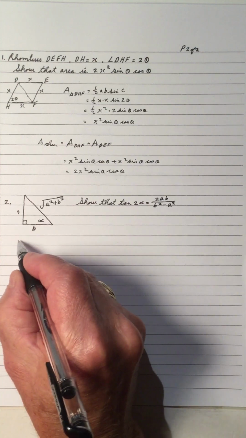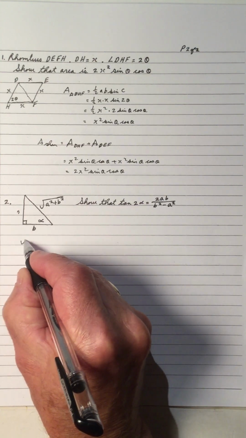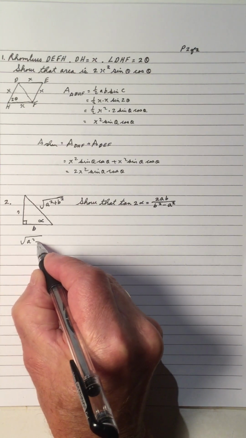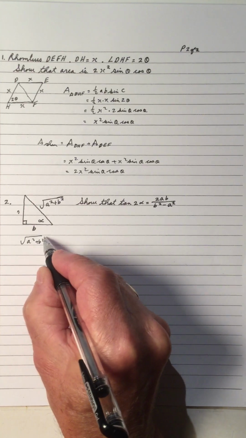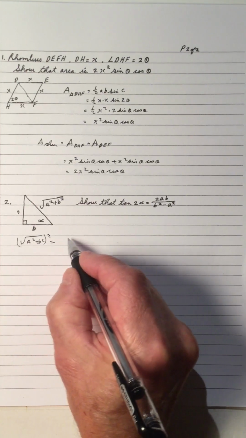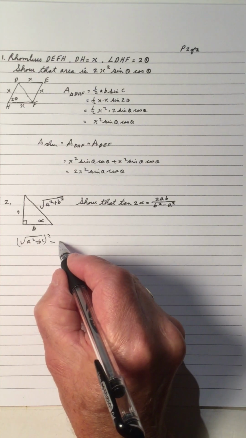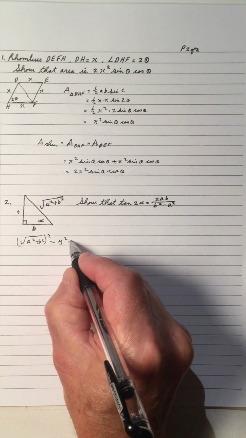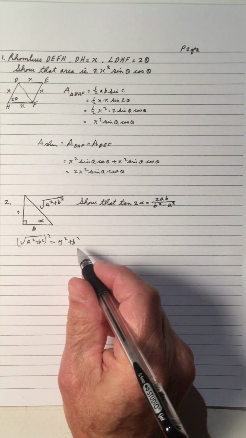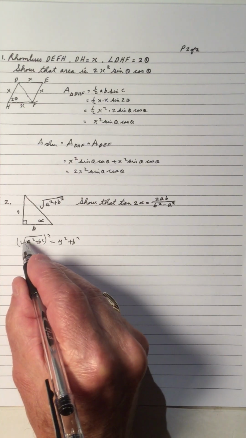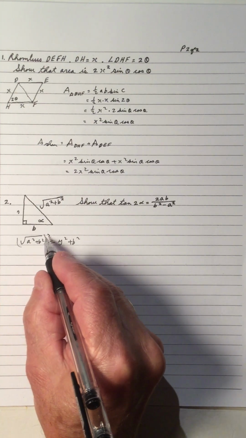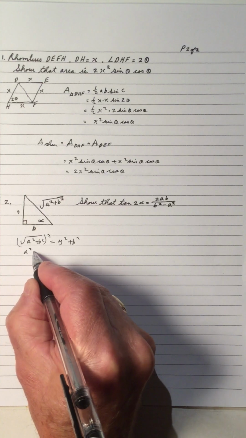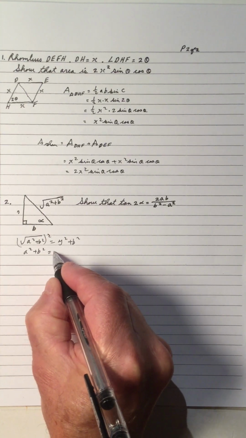So the hypotenuse squared, which is the square root of a squared plus b squared, the hypotenuse squared is the sum of the squares of the two sides, which is y squared plus b squared. That's the Pythagorean property.